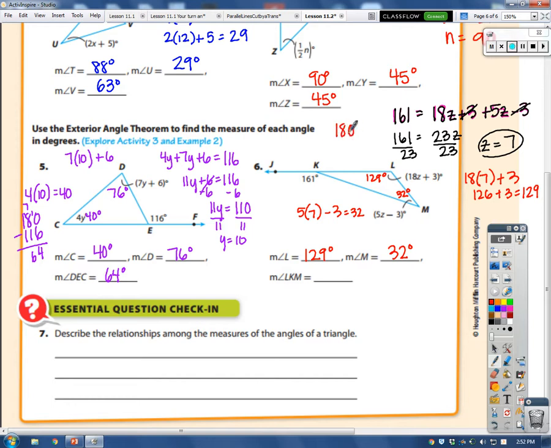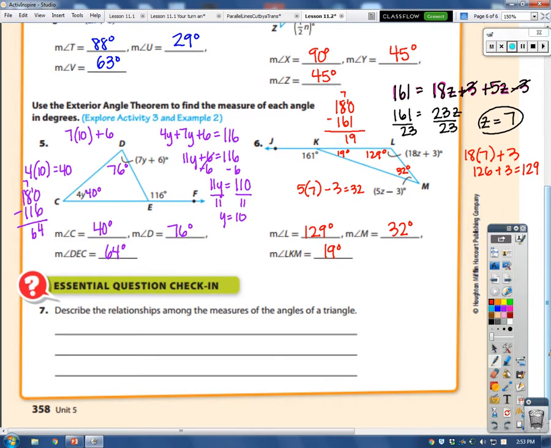So 180 minus 161 is, borrow, 19 degrees. So that last angle measure there is 19 degrees. And if I wanted to double check this, I would just add all these up and make sure that they equal 180 degrees. And if they don't, I need to check my work.